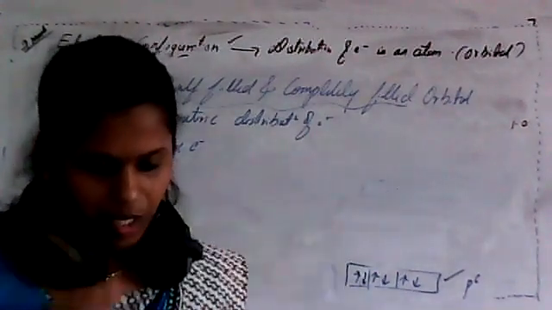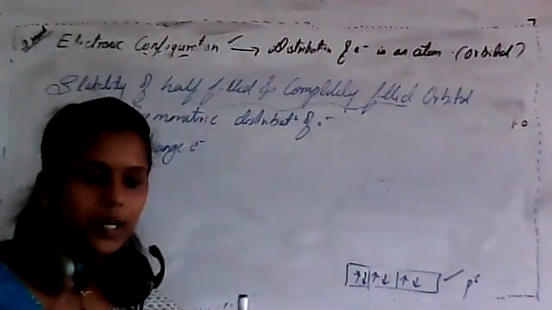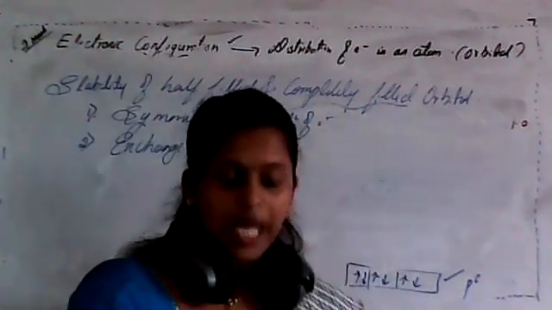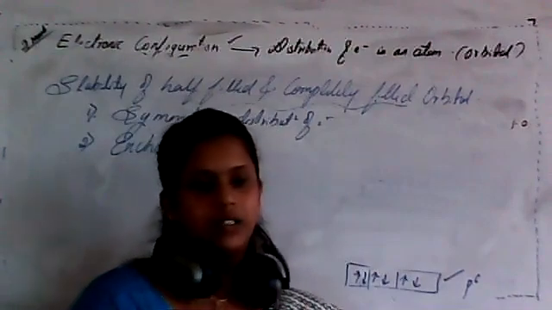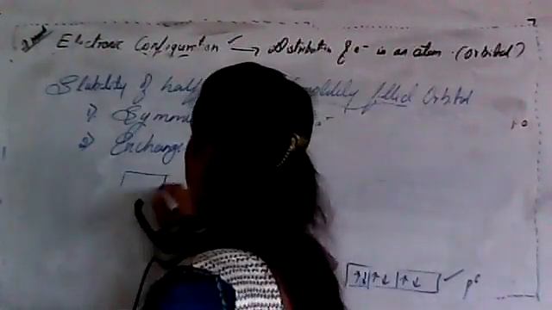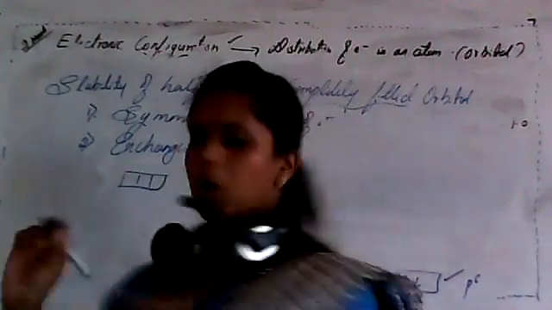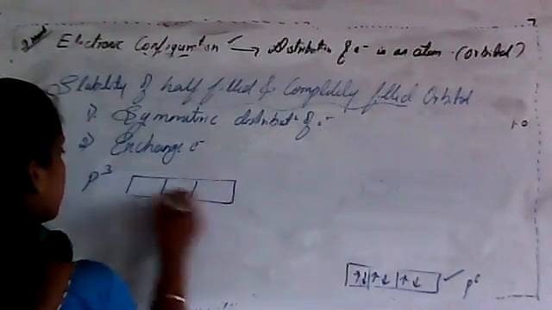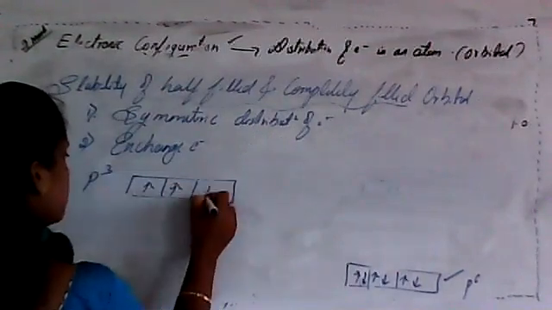energy. So now remember, if there is a symmetry in any form, it is highly stable. If we consider p orbital with single electrons, that means half spin, p3 contains 3 electrons: 1, 2, and 3.